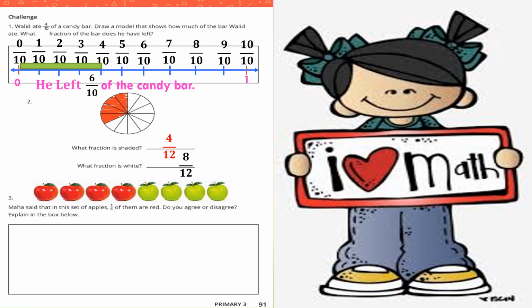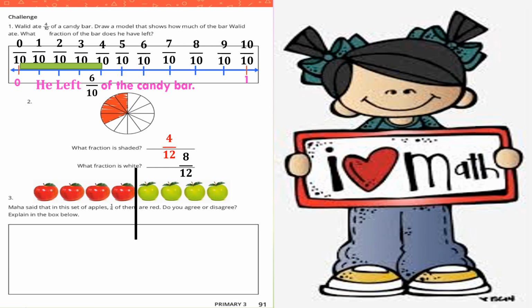Number 3. Maha said that in this set of apples, a quarter of them are red. Do you agree or disagree? Explain in the box below. Here I have a set of apples. 4 are red and 4 are green. I want to divide this set into 2 equal parts. 2 equal parts means into 2 halves.